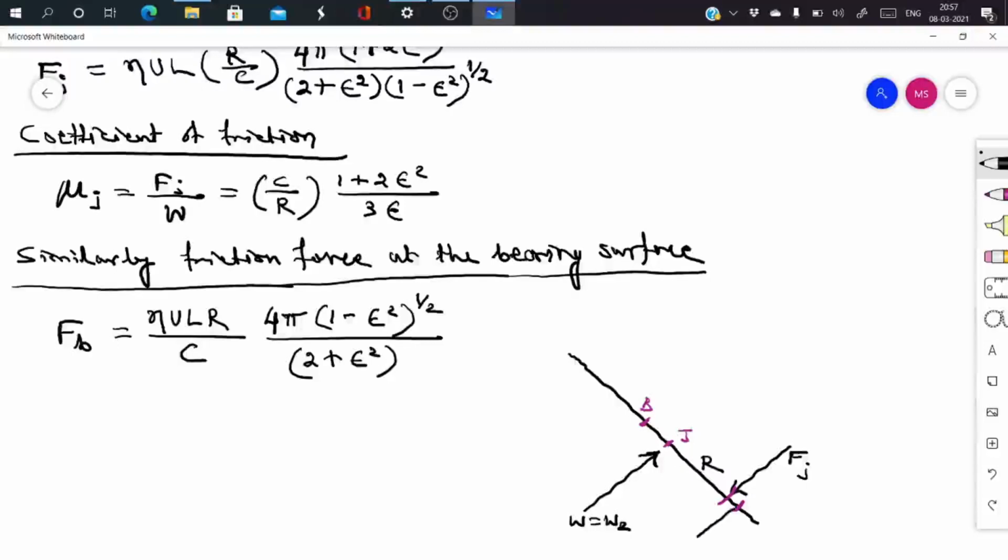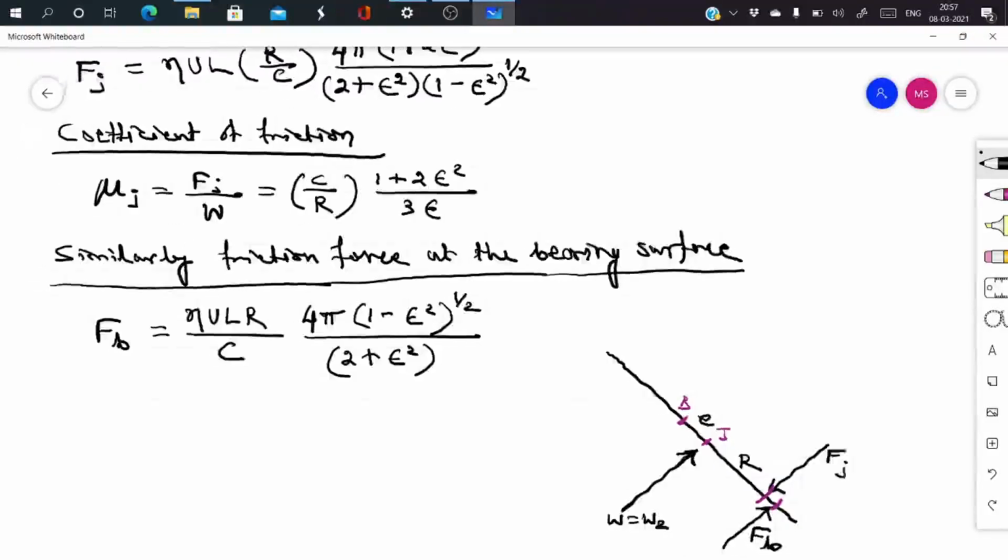This friction force is Fb at the bearing. This is the bearing surface, this is the journal surface, the journal center radius is r, and W is only Wz present. So this is the configuration. Now this distance, bearing to journal distance, is the eccentricity e.